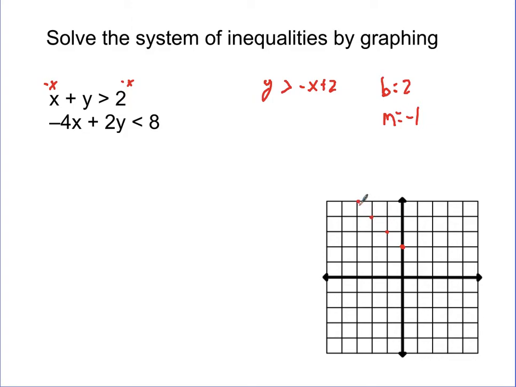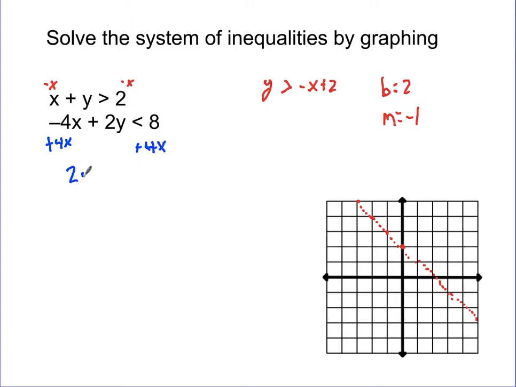And it is a dotted line. So let's see if I can stay on target mostly there. And then we'll do this one in blue. So we need to add 4x this time. Add 4x.